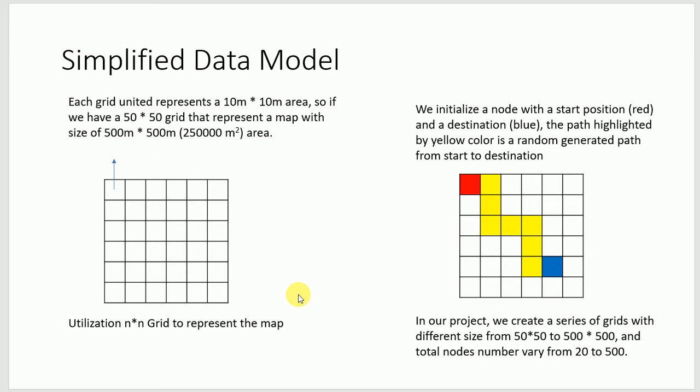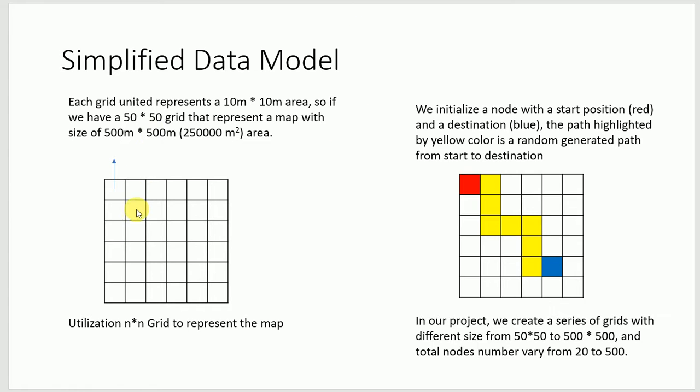The reason we use this is that it combines the previous two metrics into one: if two nodes are located in the same grid unit, which is a 100 square meter area, they can transmit the data. So it combines the encounter count and the encounter probability together.